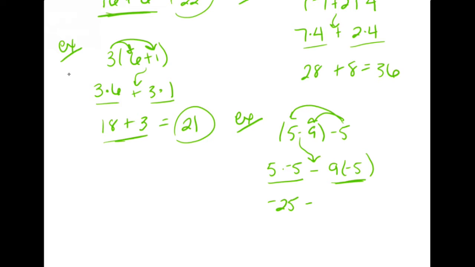Minus 9 times -5, which is -45. Now we have the situation we had last chapter when we have 2 negatives together without a number separating them. They negate each other and we end up adding 45. So -25 plus 45 is a +20.